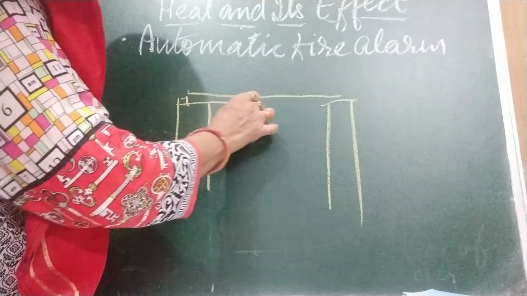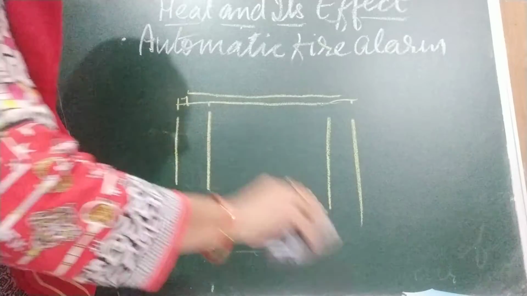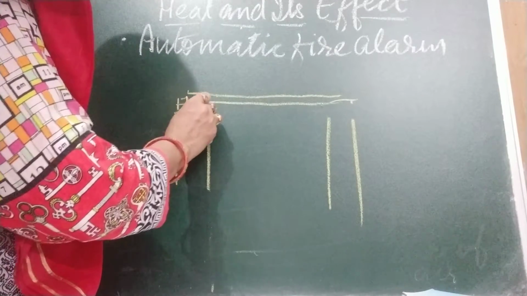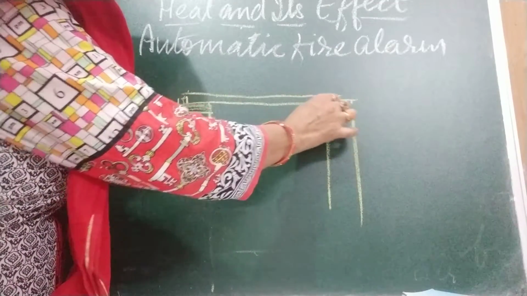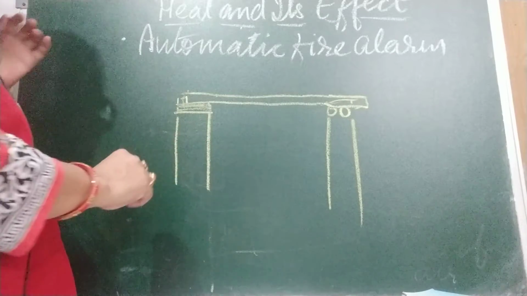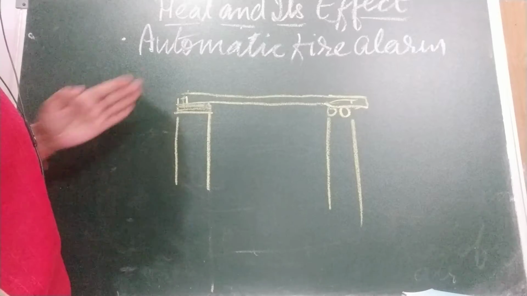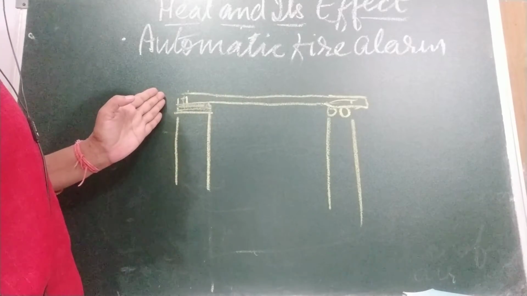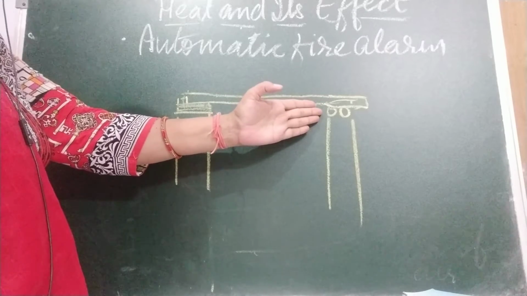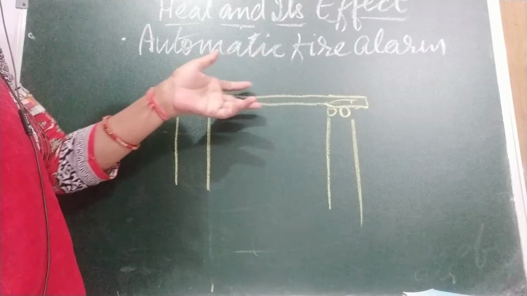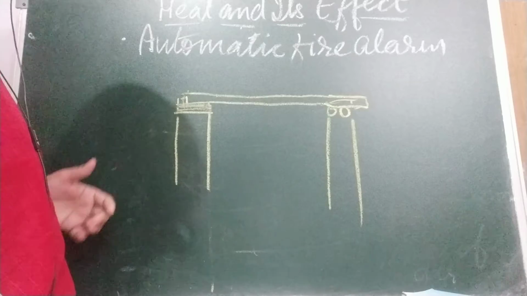One side they fix here, but the other side they put on rollers. Why do they put it on rollers? Because of the expansion in summers. In a similar way, in steel bridges, one end is made to rest on rollers with enough space provided for expansion during summer. If this steel bridge expands, it can roll on these rollers, so it cannot break.